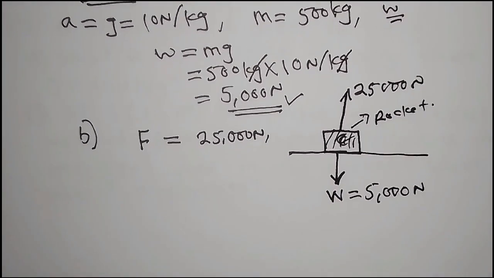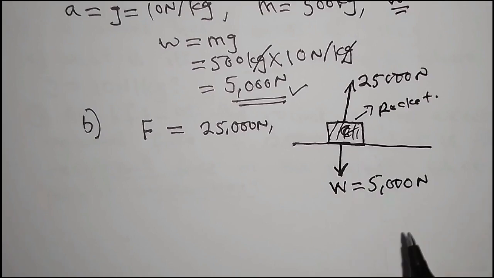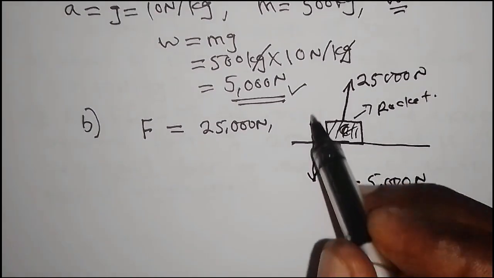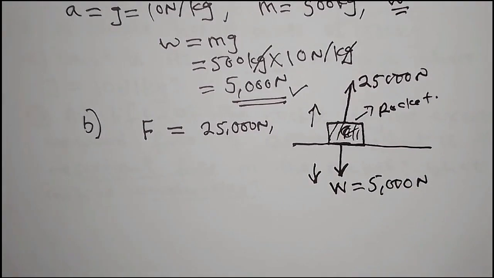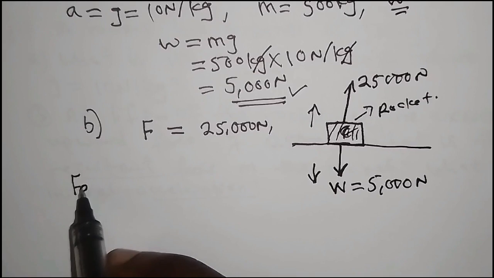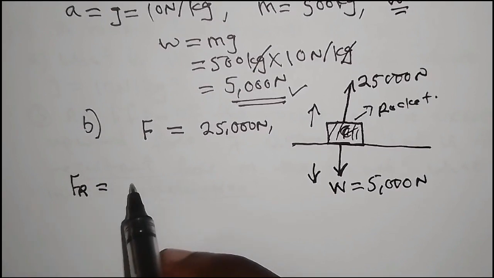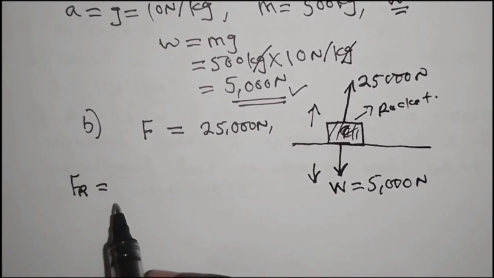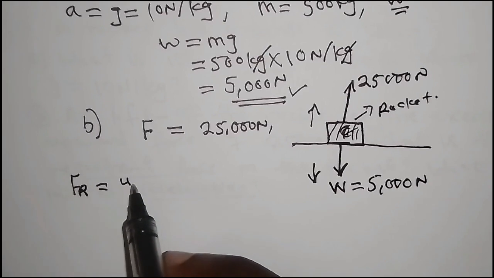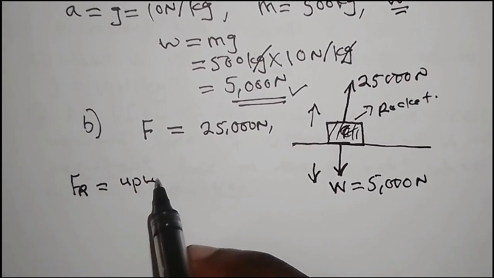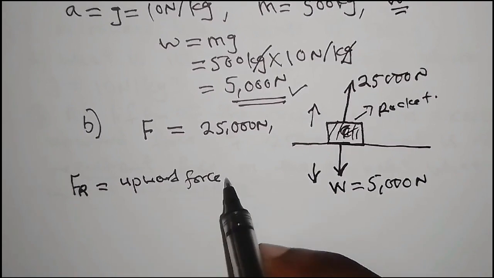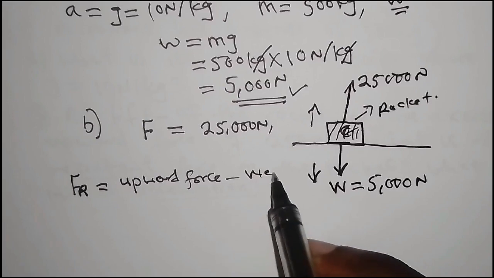So I need to find the resultant force. This force is downward and the other one is upward. So the resultant force, R, will be equal to the upward force, because that is the larger force, minus the weight.